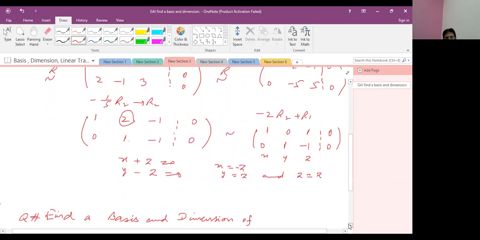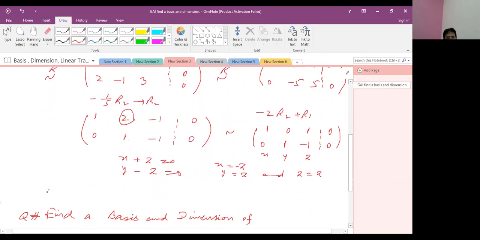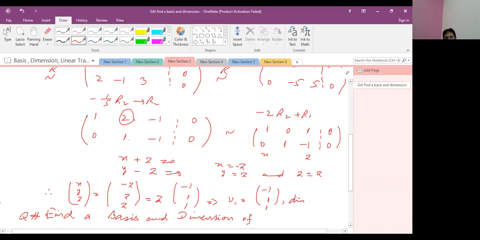Therefore (x, y, z) is equal to (minus z, z, z), and taking z in common, it means z times (minus 1, 1, 1). So there is only one vector. That's why v1 is equal to (minus 1, 1, 1). So the dimension of the vector space is 1. This will be the answer.